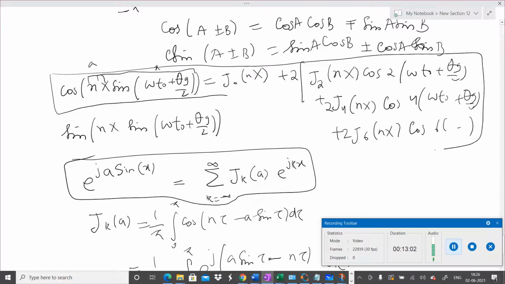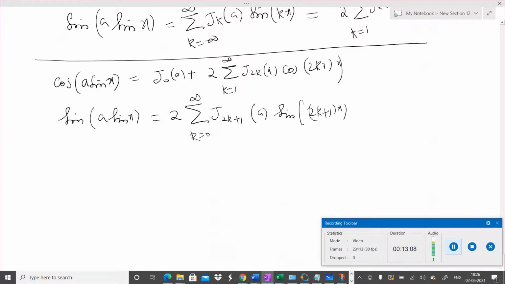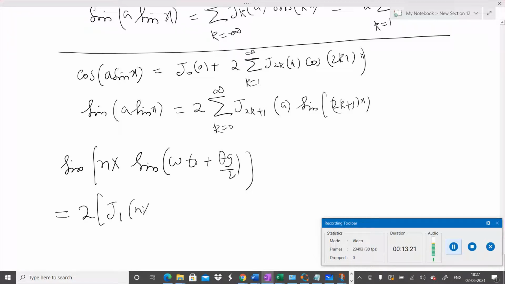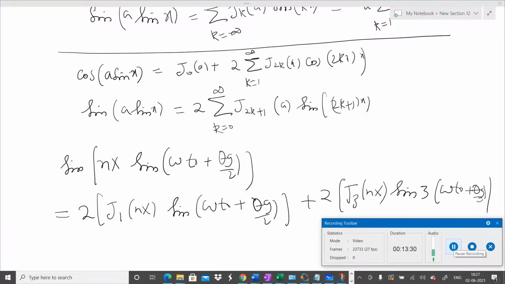There will be even indexed terms of Bessel function, and the next term, which is the sine of nx times sine of omega t naught plus theta j by 2, will be expressed as 2 times J1 of nx sine of omega t naught, then J3 of nx, so on and so forth, all the odd terms.